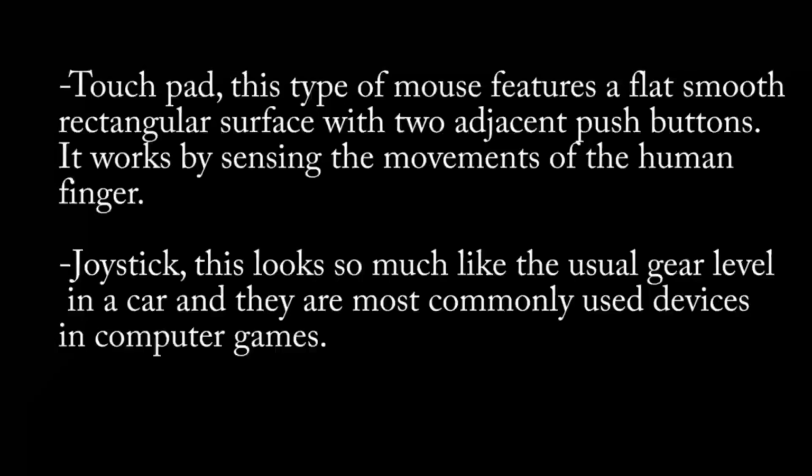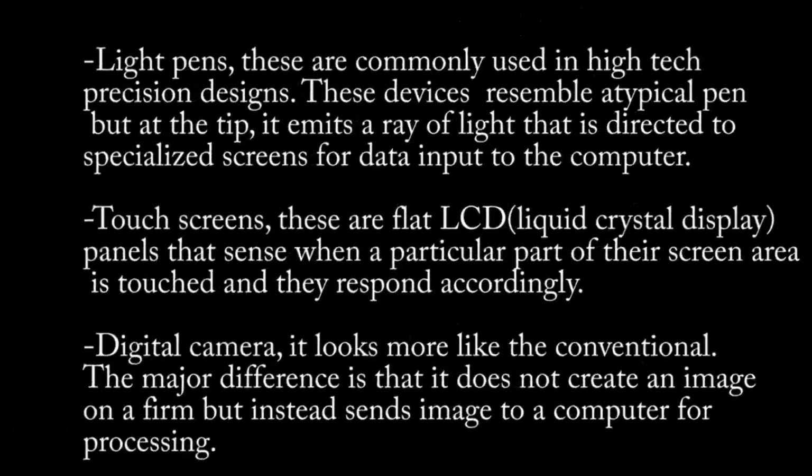Let's look at another one, and this is the joystick. The joystick looks so much like the usual gear lever in a car, and they are most commonly used devices in computer games. Then light pens.